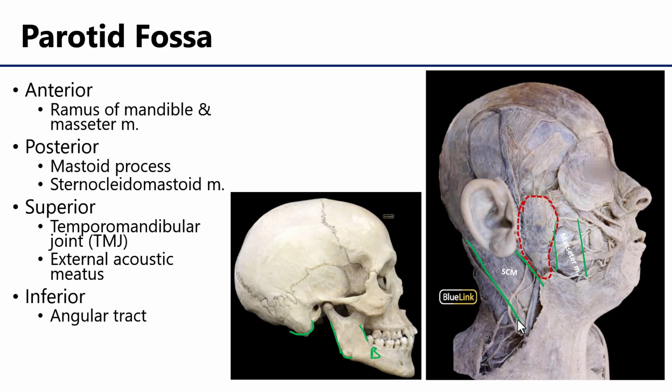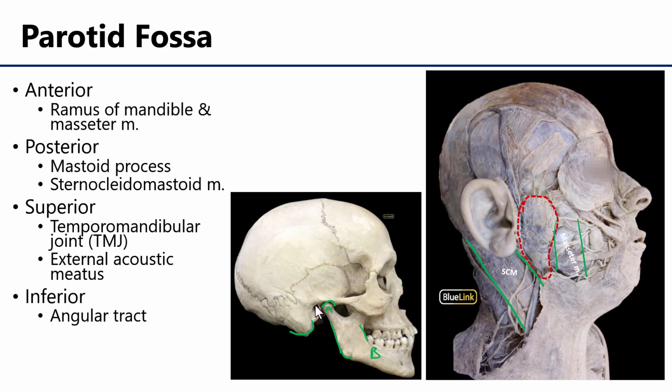The superior borders of the fossa include the temporomandibular joint, or the TMJ. That is the joint between the articular process of the mandible there and the temporal bone.